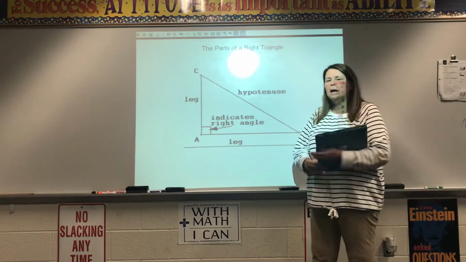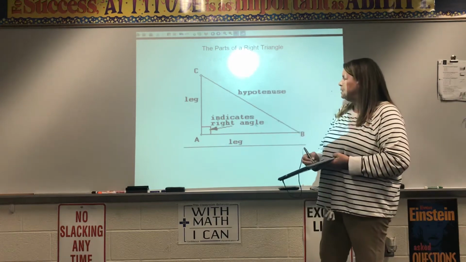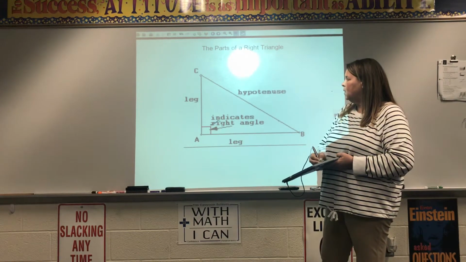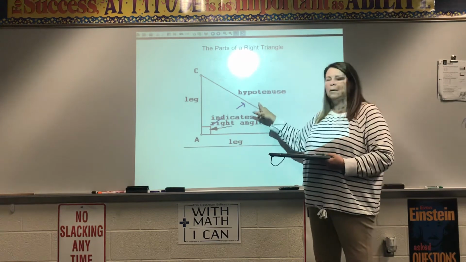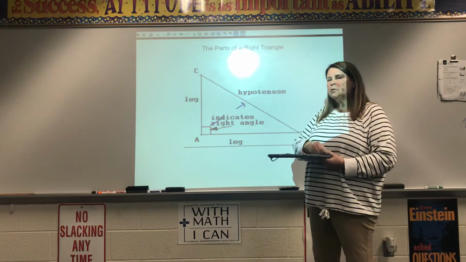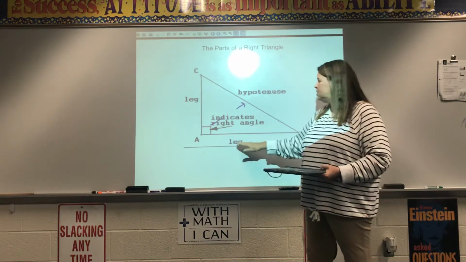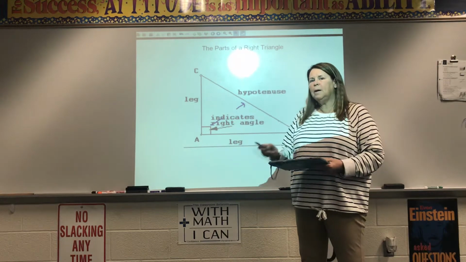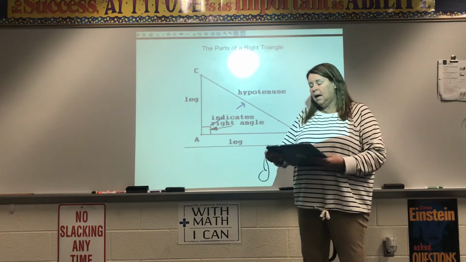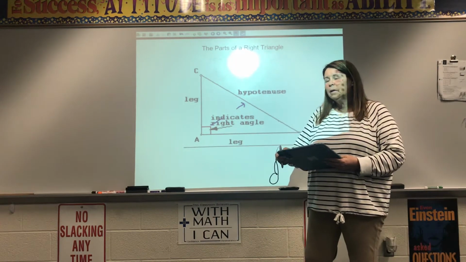And the side that is opposite from the right angle is your hypotenuse. You need to make sure that you understand this terminology, legs and hypotenuse, because I will be calling things the legs and the hypotenuse.